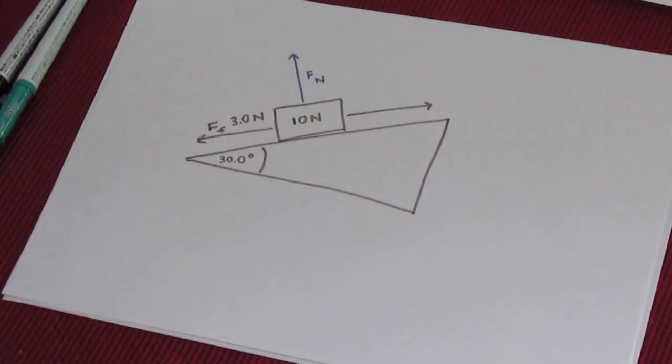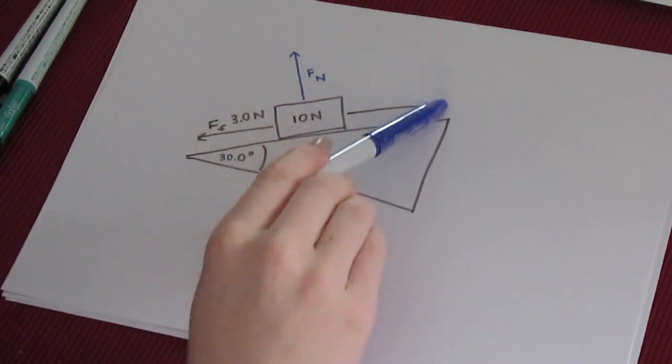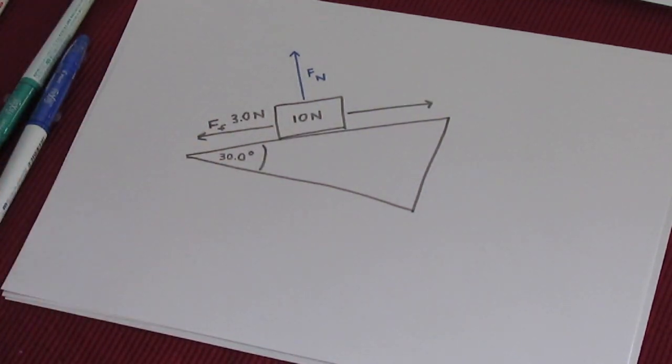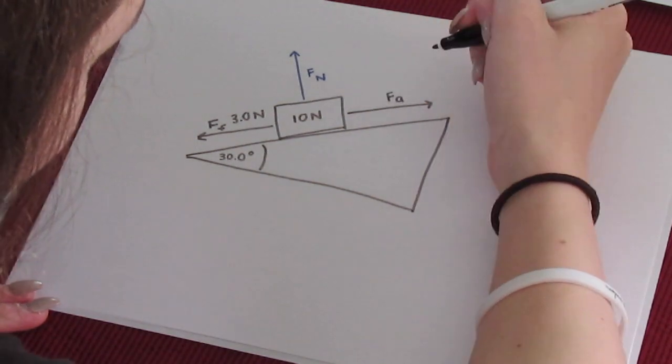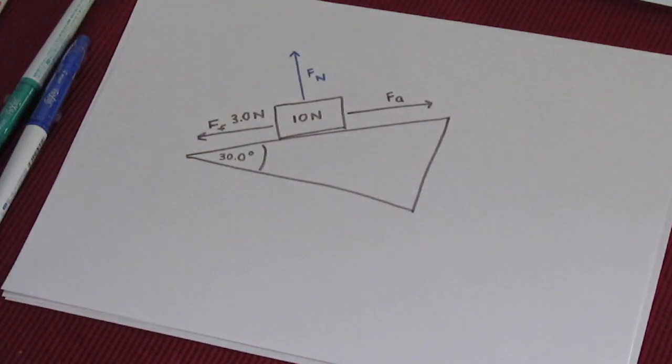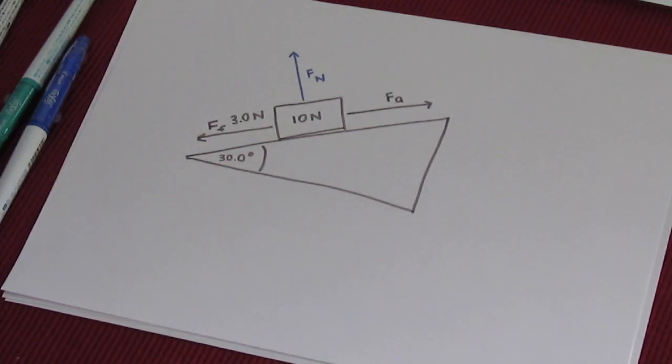Your normal force. This is your force of friction, so this is your force applied. So we'll just label this your force, or your force of acceleration, whichever. Or it could be like force F or force X or force B, whatever.